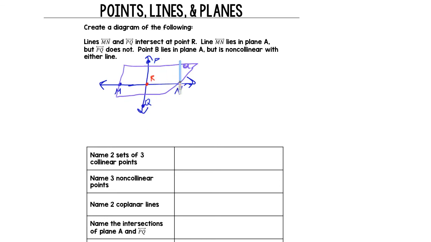Point B lies in plane A but is non-collinear with either line. So we've got point B that is on plane A but is not collinear with PQ or MR. There we go. That looks not too bad, except for all my drawing and handwriting.